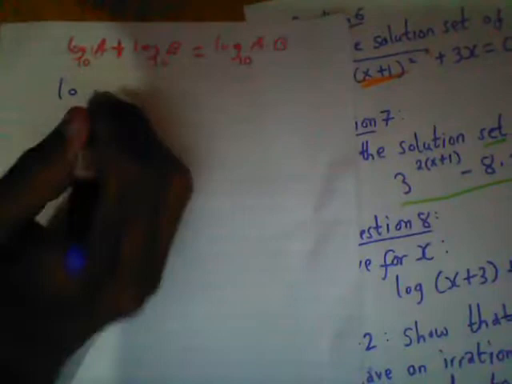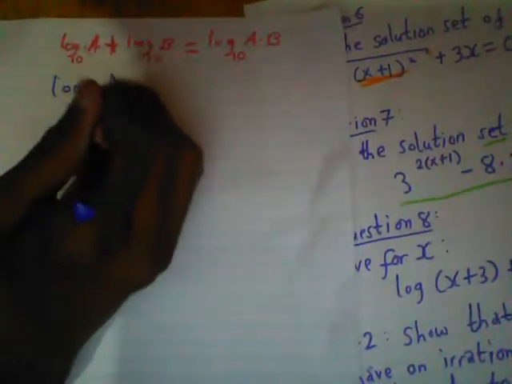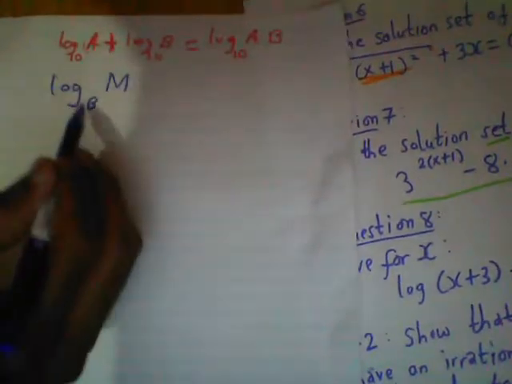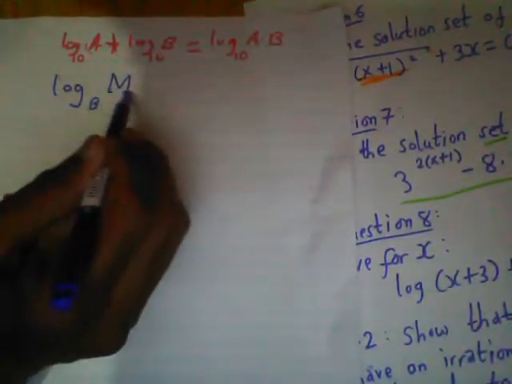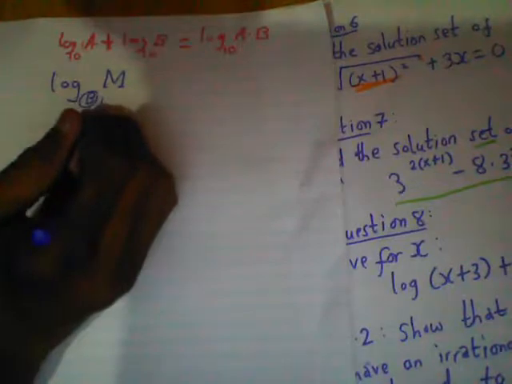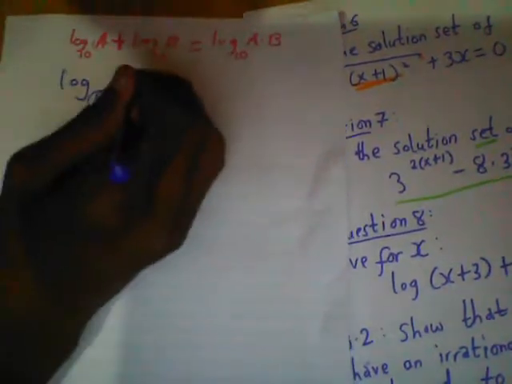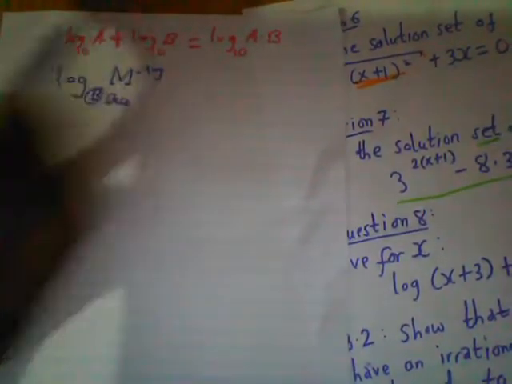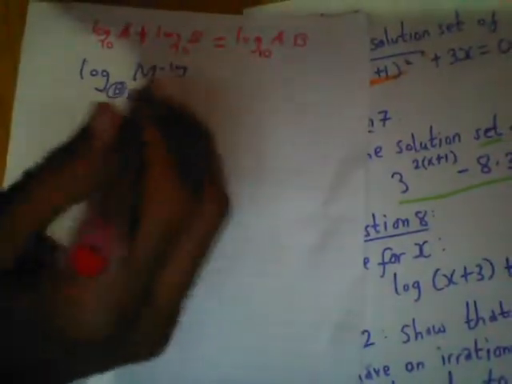Listen, if you say log, let me write bigger a little bit. Log, and then here, this small letter is the base, and this number in front you call the argument. So there's a base here, and this is the log. When you have 2 groups or 3 groups, but the bases are the same and it's addition, you multiply.